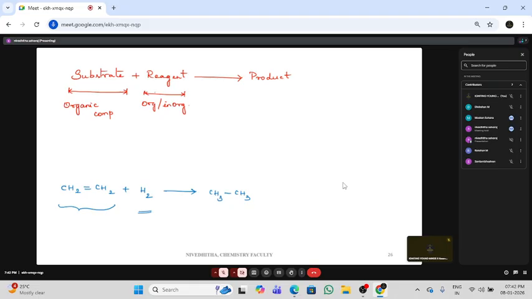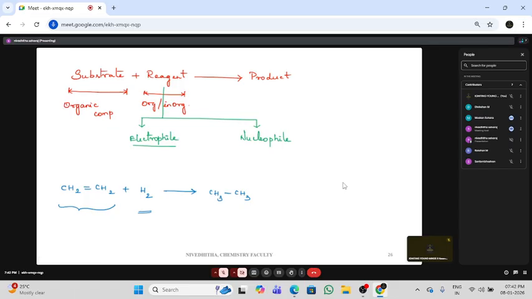That's it. And in reagents, we have two very famous types: one is electrophile, and another one is nucleophile. Basically, electrophiles are electron loving species.